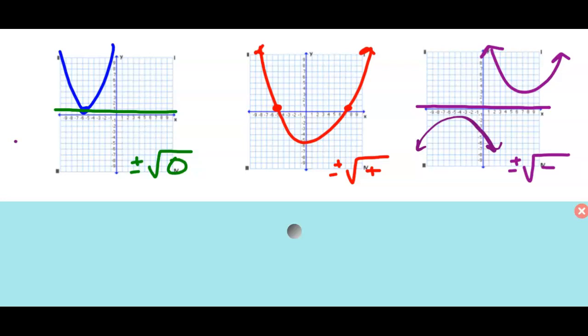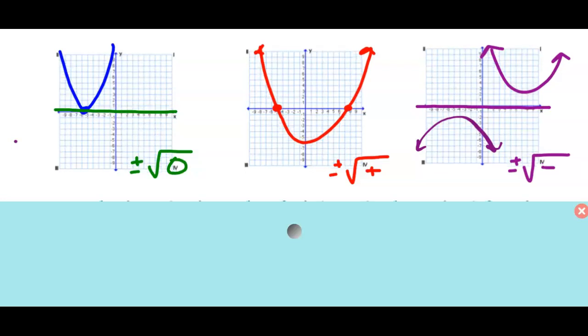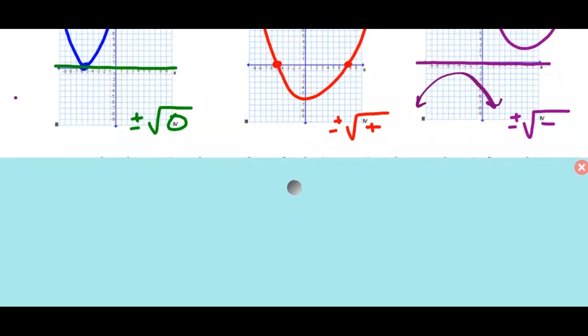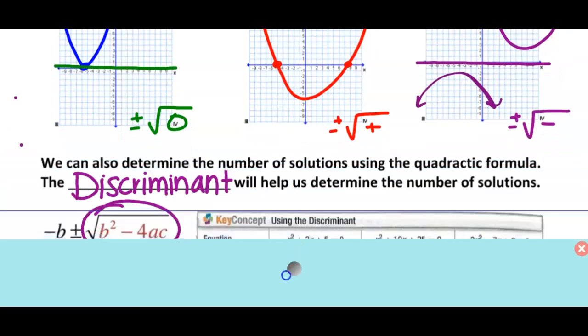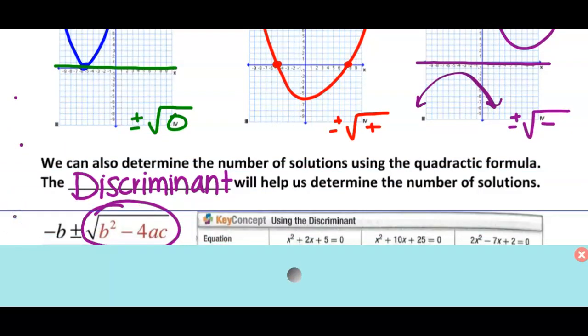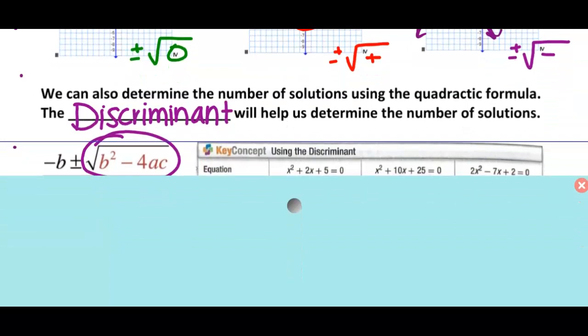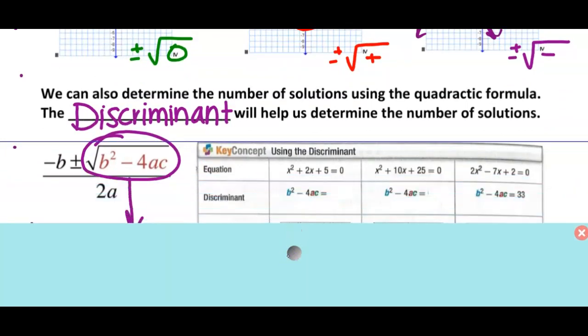And when we have 0 solutions, it will be negative, because we don't know how to take the radical of a negative. That single part just underneath the radical, the b squared minus 4ac, is called the discriminant.